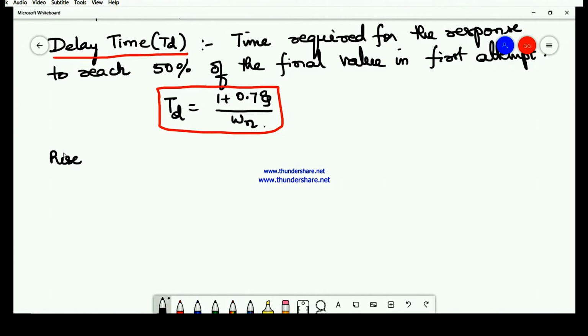Next we will go with rise time, denoted by TR. What is rise time?